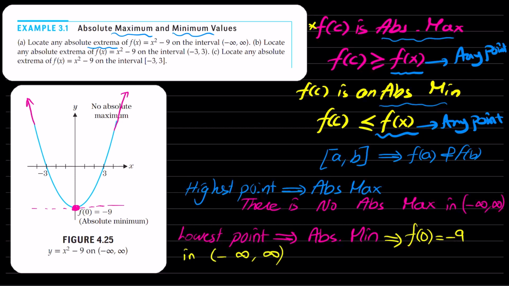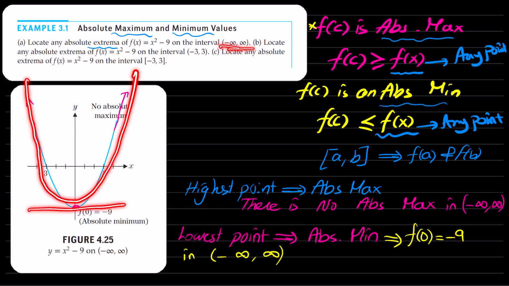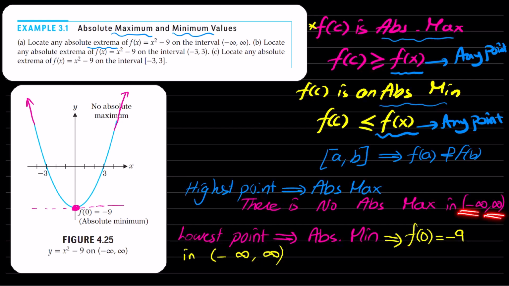So this is the lowest point for this function. Again, for the quadratic function x squared minus 9 in the open interval, this curve has an absolute minimum at this lowest point, but since it keeps going up and minus infinity and plus infinity are not included in the interval, there is no absolute maximum. So in the first interval, it has only an absolute minimum.